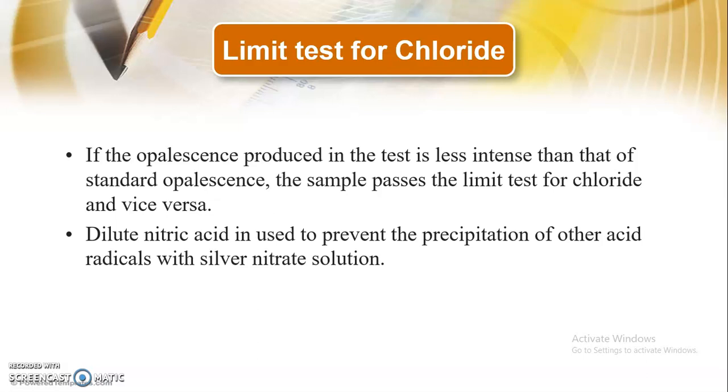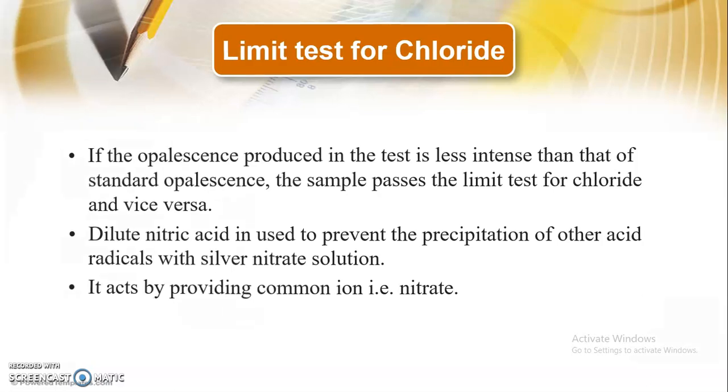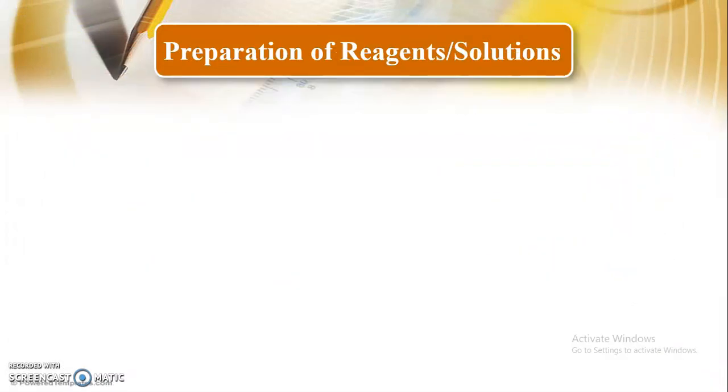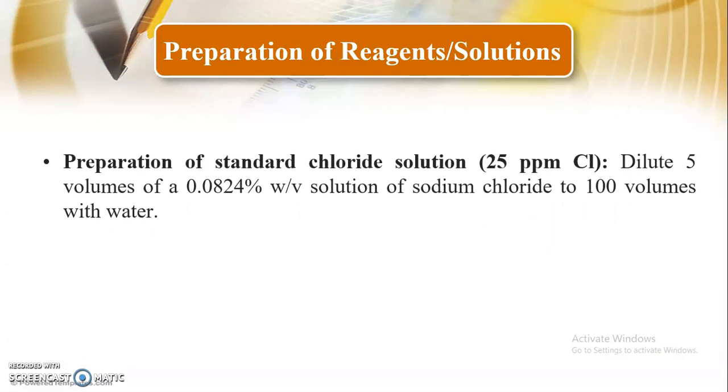It prevents other acidic radicals from reacting with the silver nitrate, so only chlorides react with it, and that's why we use nitric acid. It acts by providing a common ion effect, that is, the nitrate. What is the common ion effect? That we will study afterwards. Just remember that due to the common ion effect, it suppresses the precipitation of the other ions.